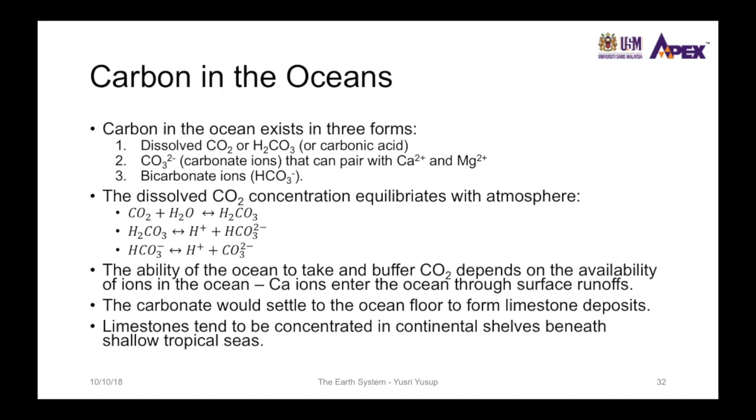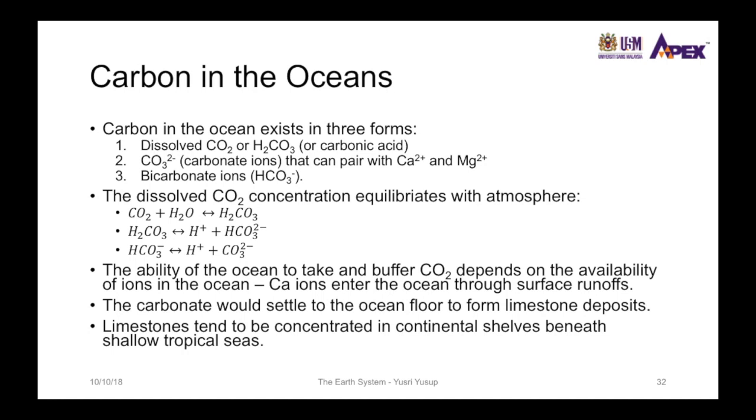Now the ability of the ocean to take up and buffer, or to store carbon dioxide or to regulate carbon dioxide, depends on the availability of the metal ions in the ocean, specifically the calcium ions. And these calcium ions are supplied into the ocean through surface runoffs.